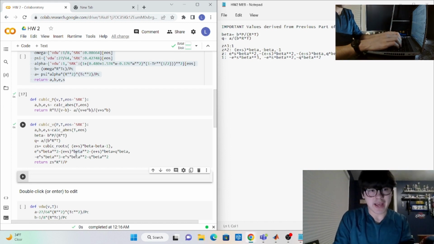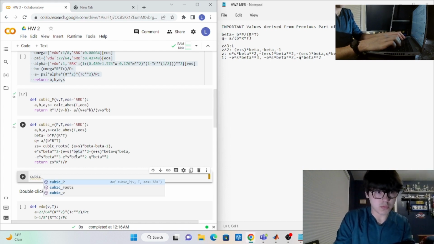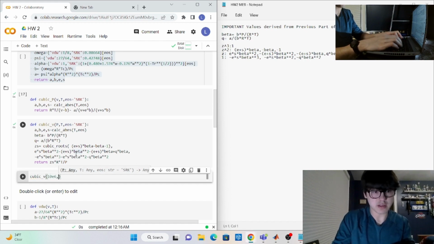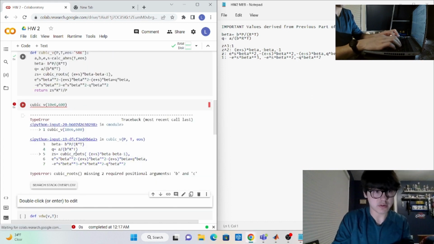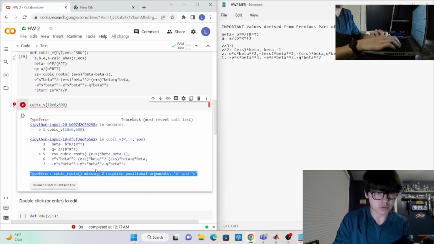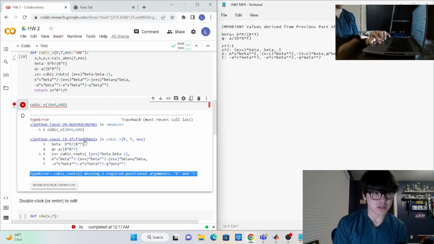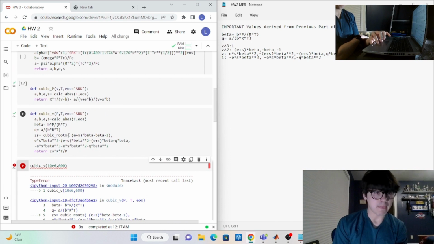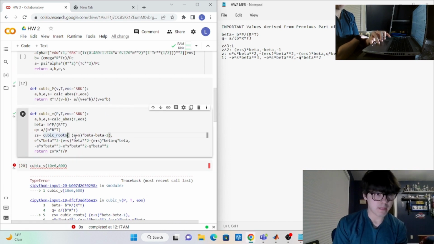But let's see how this function works first. Cubic underscore V, and let's see what it returns. Let's say 10 to the 6 for the pressure.